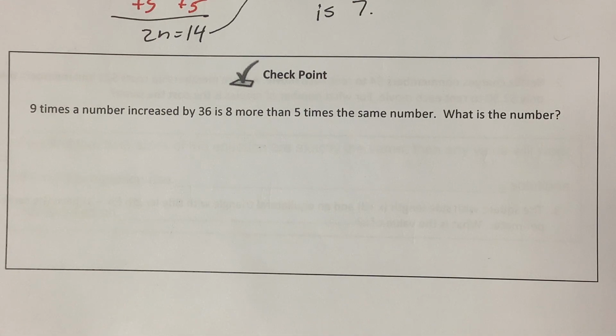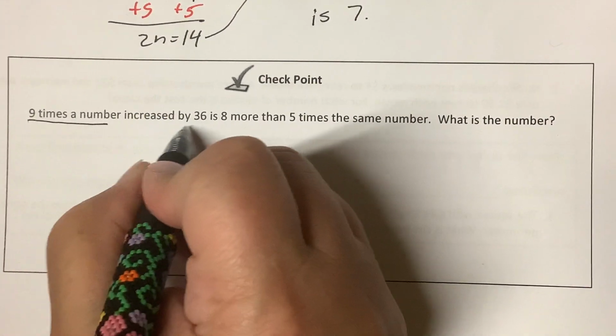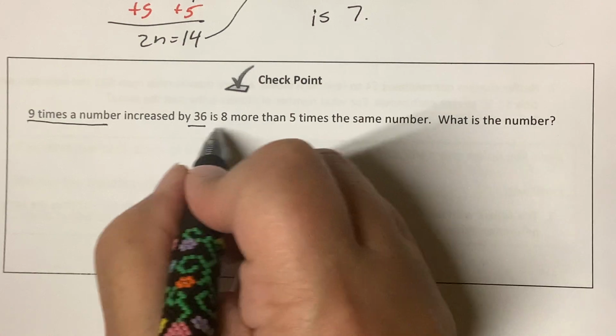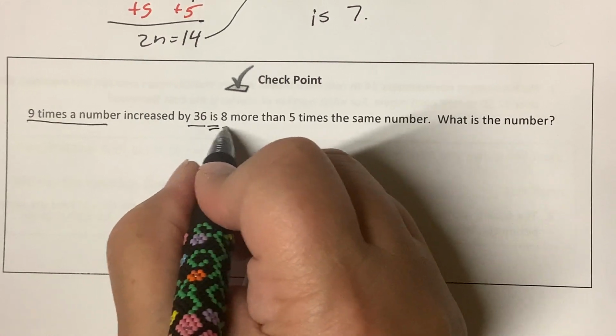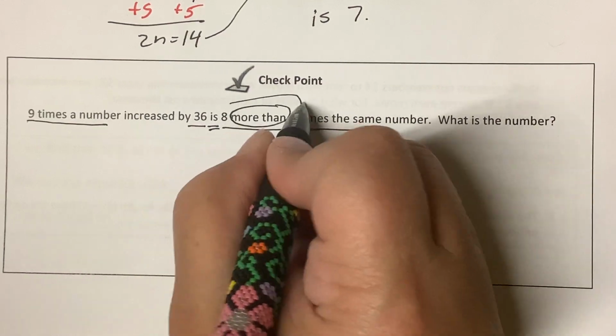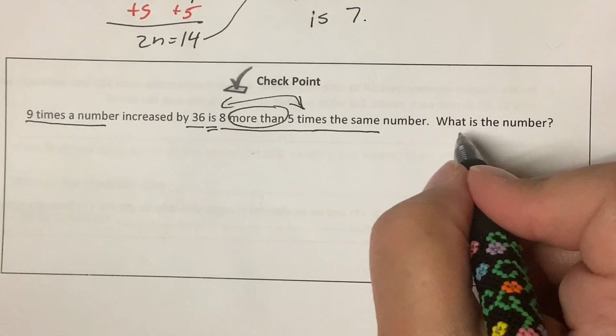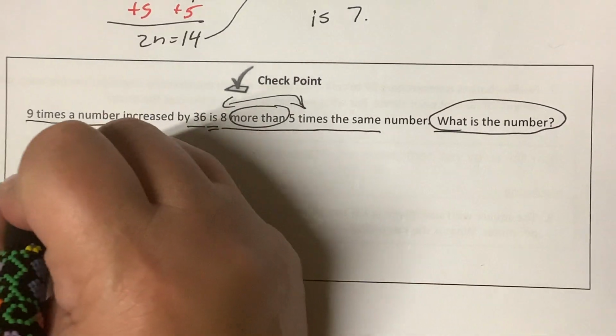And welcome back. So here we go. 9 times the number increased by 36 is 8 more than 5 times the same number. More than switches. There's no then over here, just over here. What is the number?